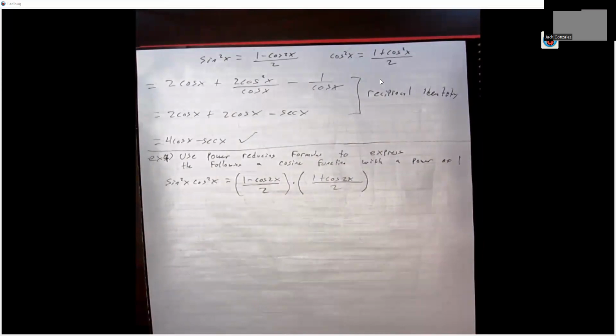So this time multiply, and if you end up with another square, which we will, use power reducing again. So you guys cool up to this point? All right.